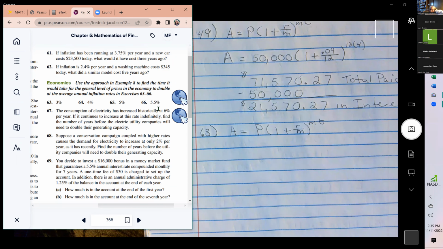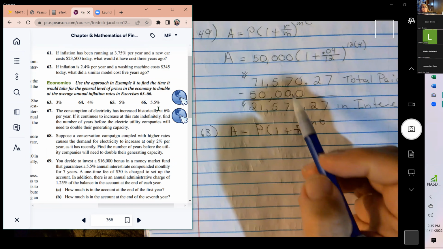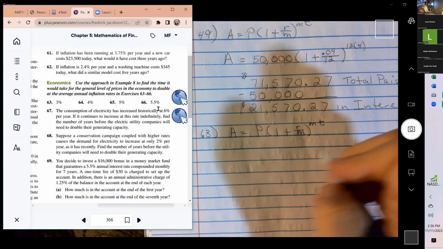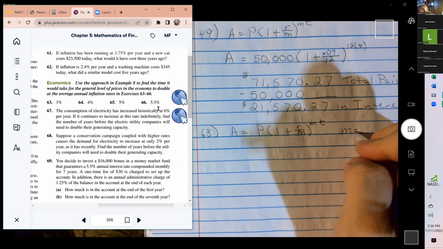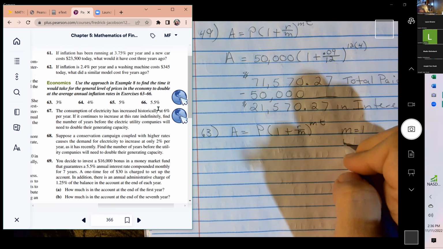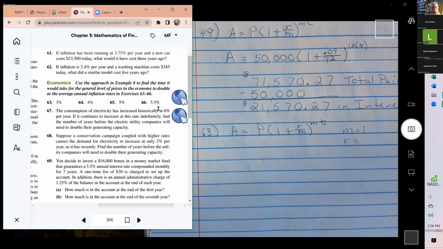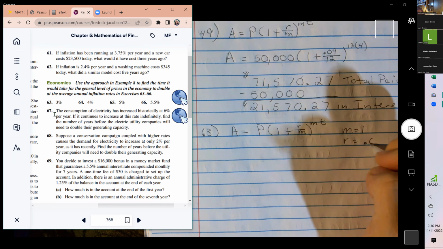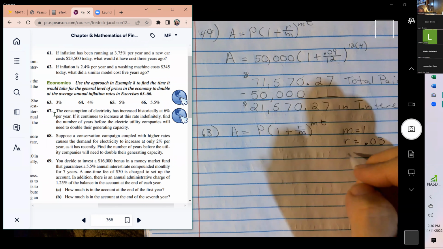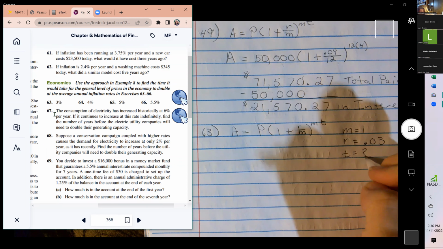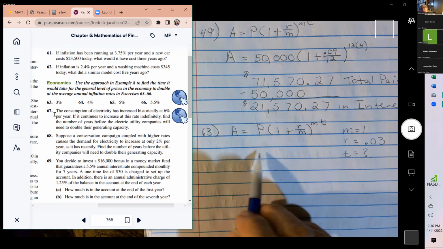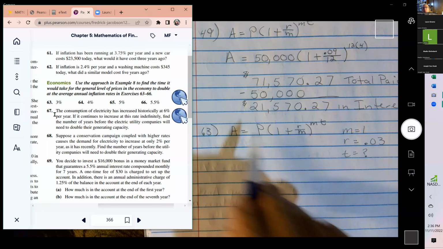So we're looking for T. Since it's saying annually, M is 1. R is my rate. R is 3% as a decimal, 0.03. T is what we're looking for. But they didn't give us A and P.